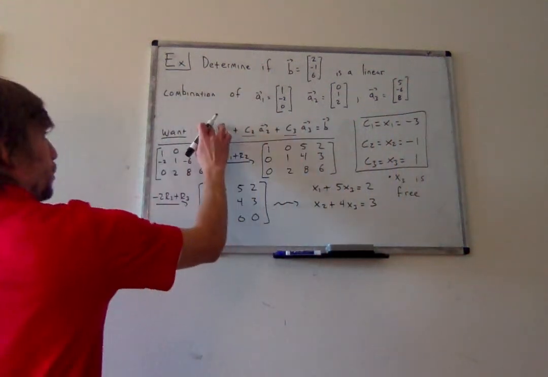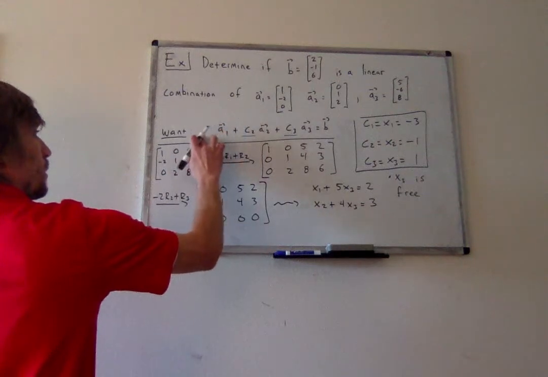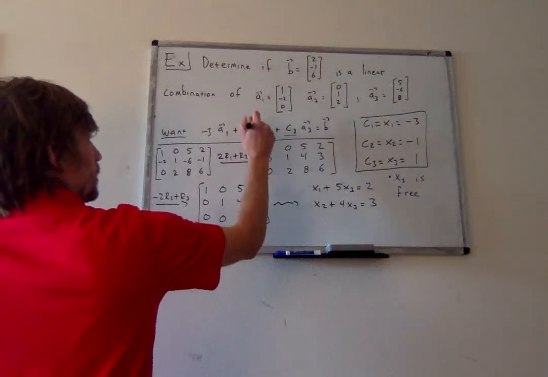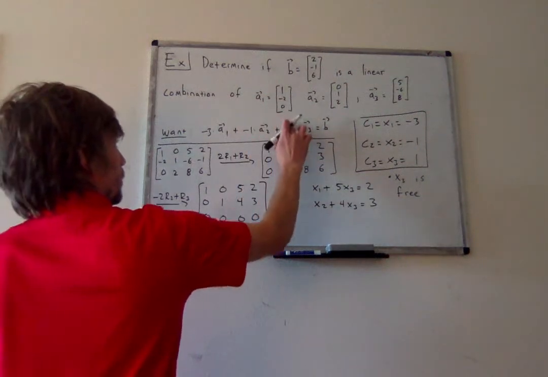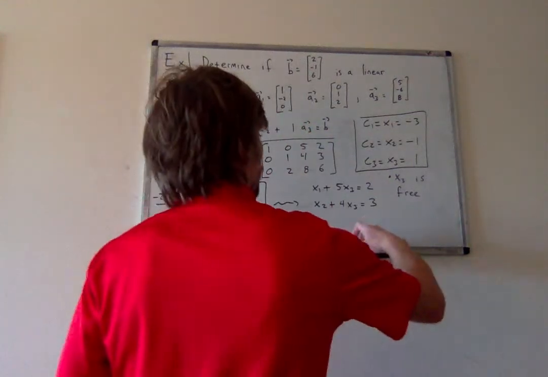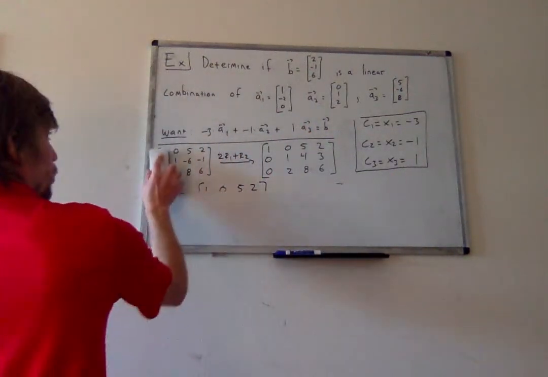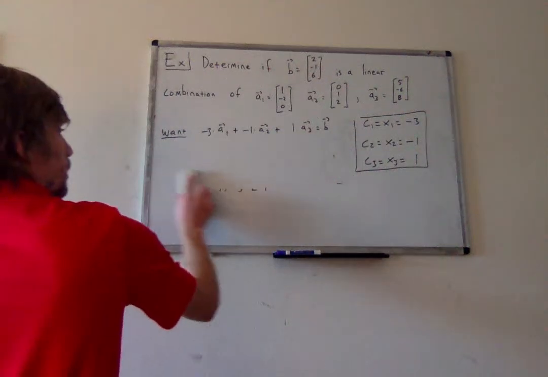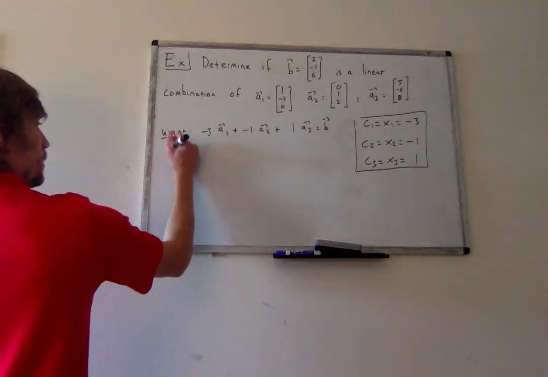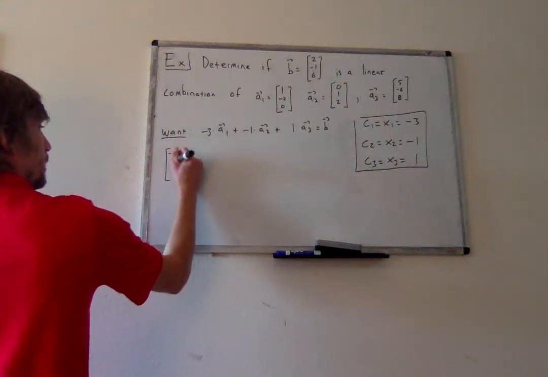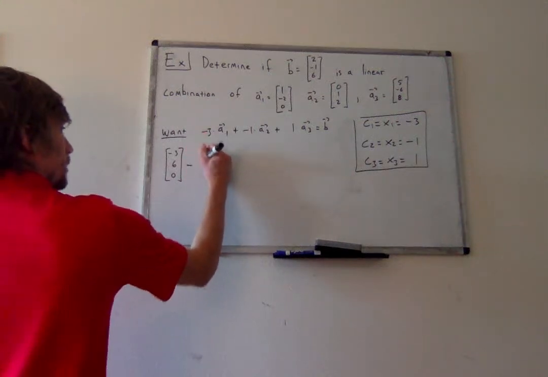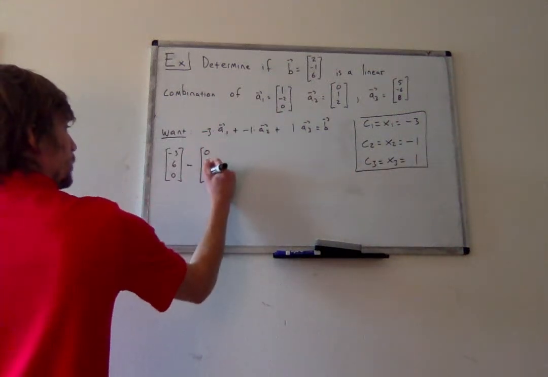And notice if I now replace -3 times a1 plus -1 times a2 plus 1 times a3, let's see what we get and double check to make sure this actually works. So -3 times a1 is equal to the vector -3, 6, 0, minus a2, which is 0, 1, 2, right?